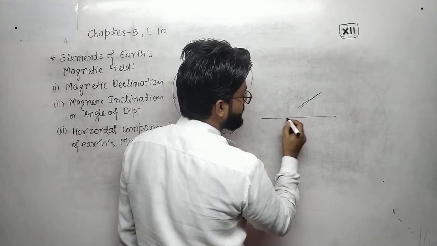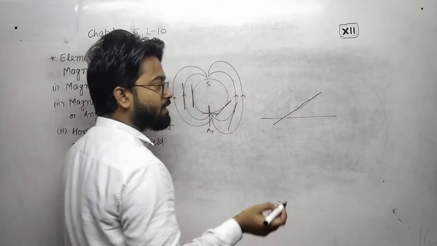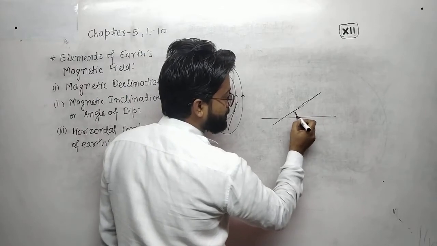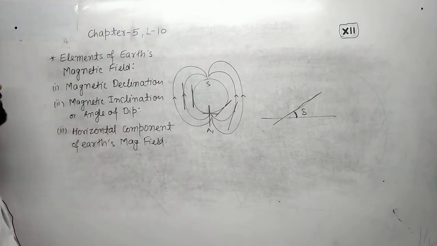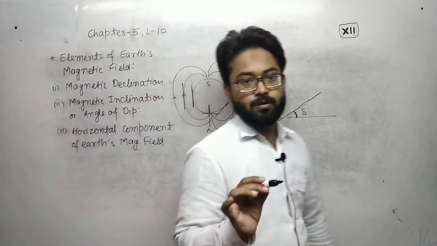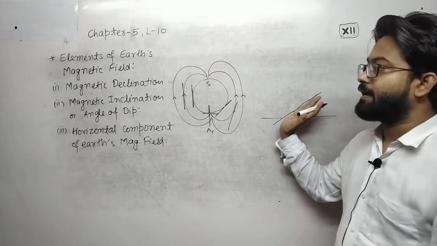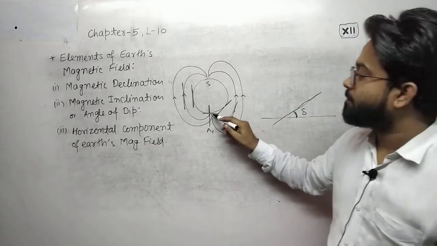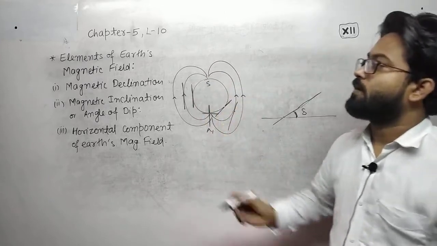The angle between the Earth's surface and the magnetic field is called the angle of inclination or angle of dip. Hope you are understanding. The angle of dip varies from place to place.